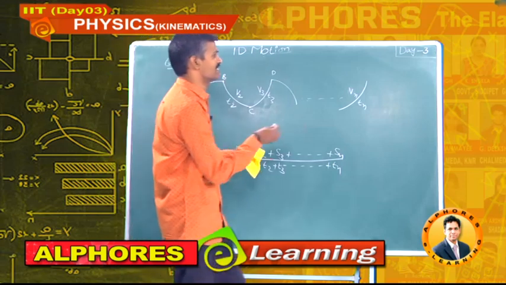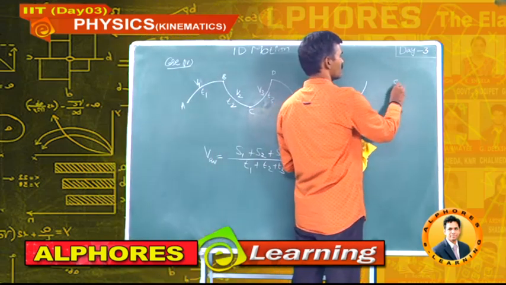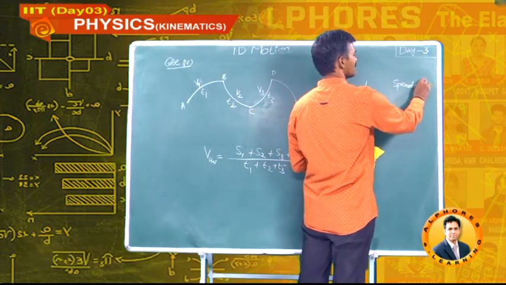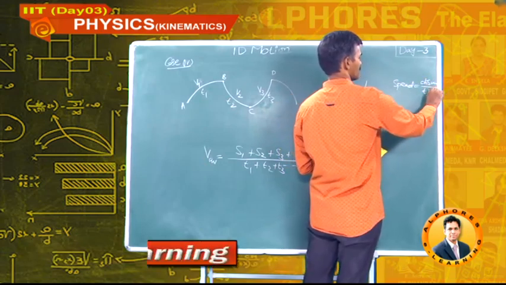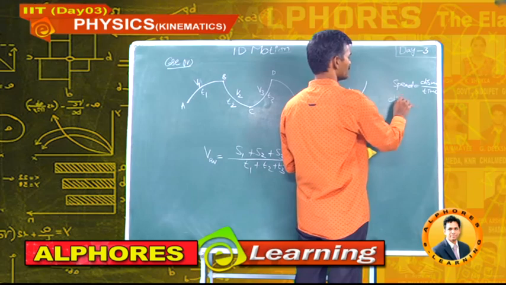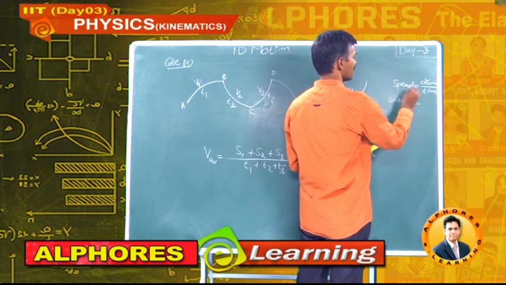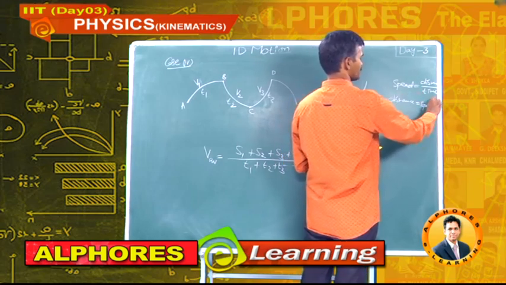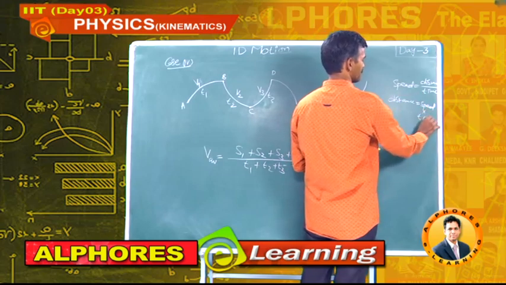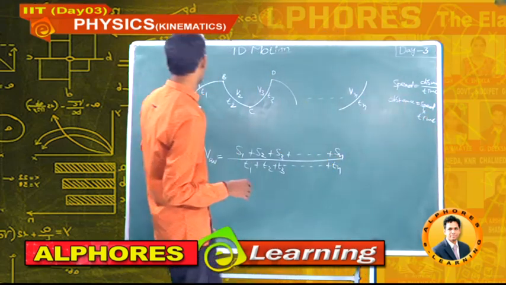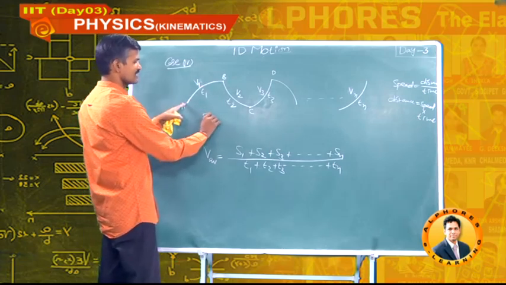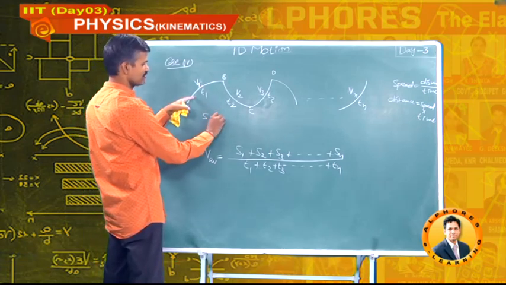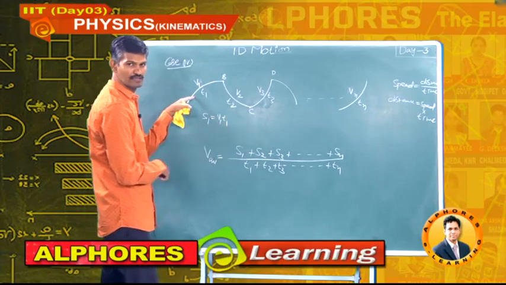Our basic definition: what is speed? Speed is the distance travelled by the body in a unit time. So, distance travelled by the body is obtained by taking speed into time. Here the distance travelled by the body S1 is obtained by taking the product of V1 and T1.